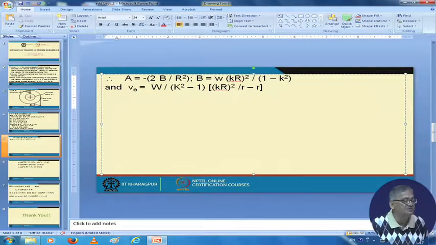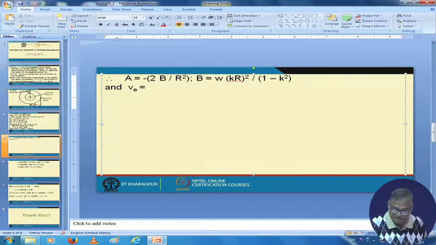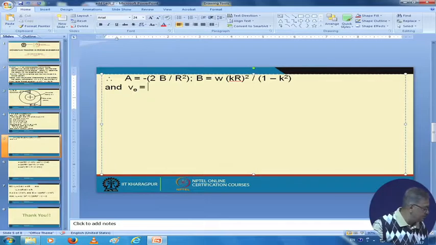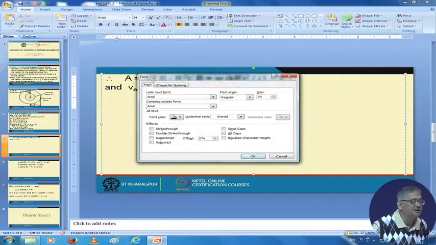So if that be true, then ultimately we got V theta is equal to, let us rewrite this, V theta then became equal to omega K square. So omega we are writing as small w for easy doing, omega K square.